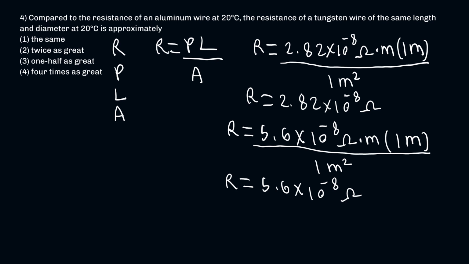So now just comparing these two to each other, we're comparing the resistance of the tungsten wire to the resistance of the aluminum wire. Our tungsten is down here, so this is the tungsten wire.